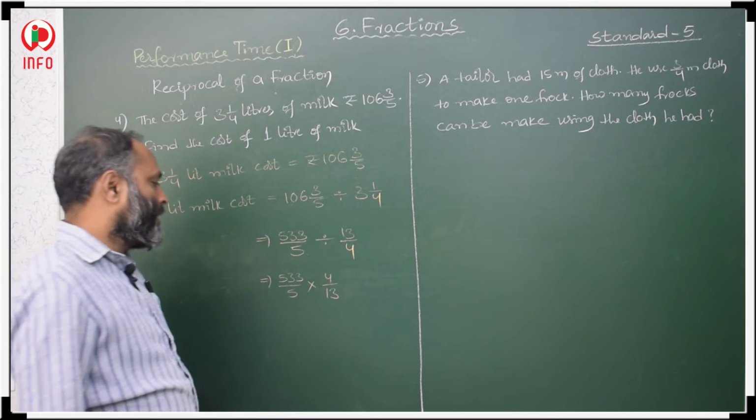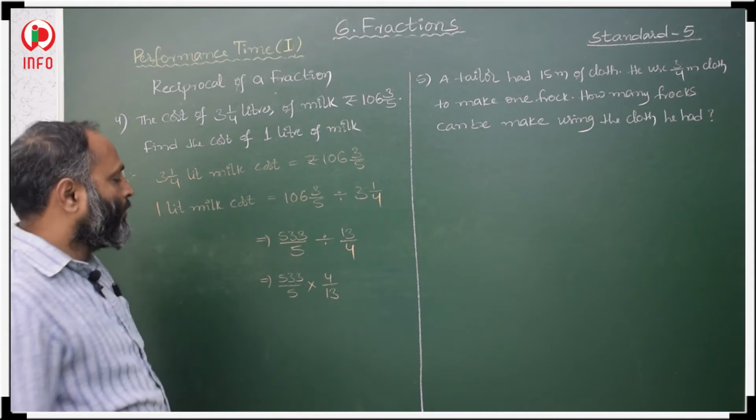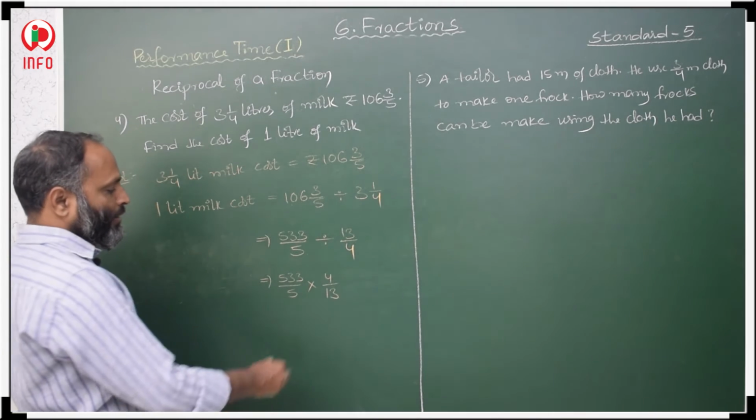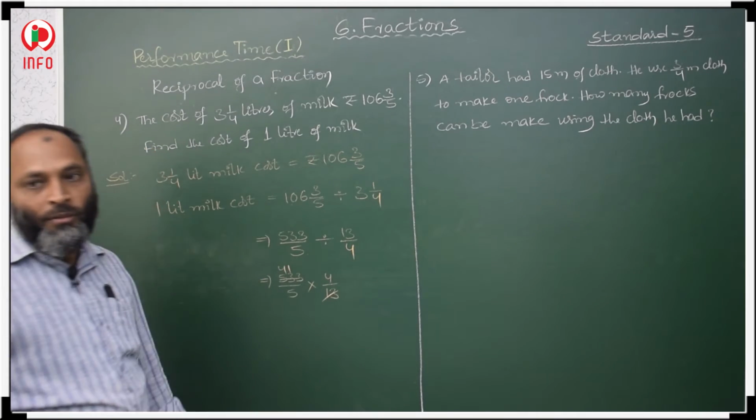13 3s are 39, 13 4s are 52, and 13 1s are 41.